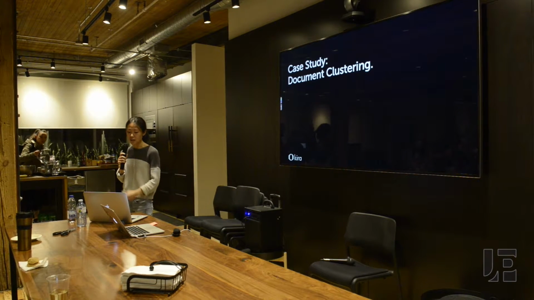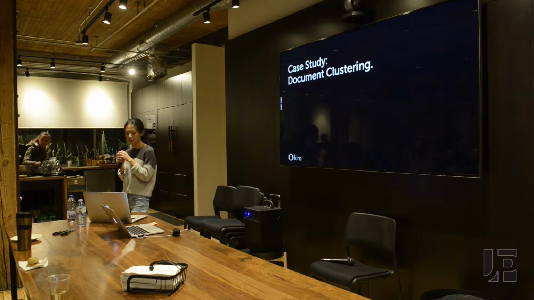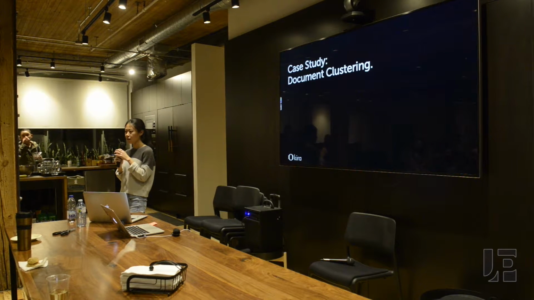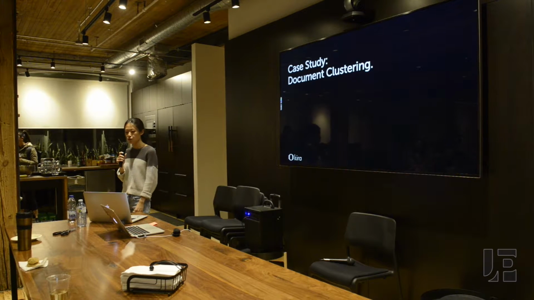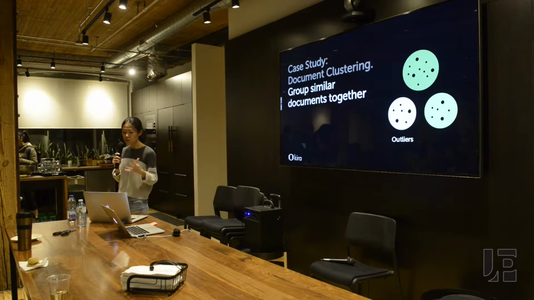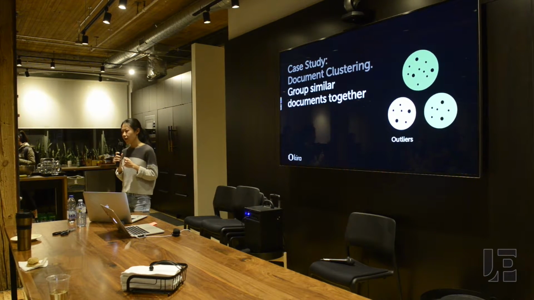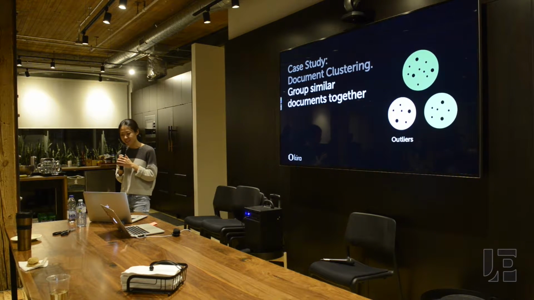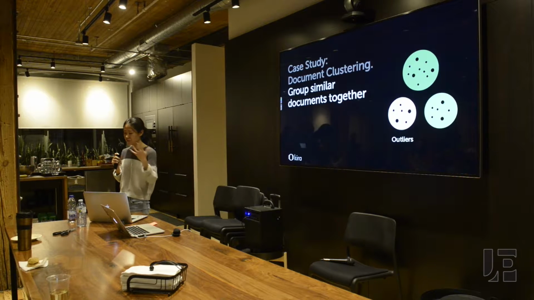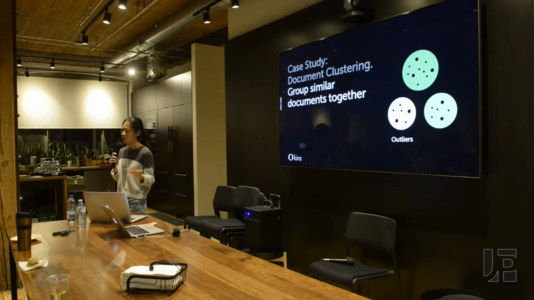And this case study is when we designed something called document clustering, using an unsupervised machine learning algorithm to group similar documents together. You might be thinking, okay, how hard is that? Interestingly, the machine does its thing, it groups similar documents together, but what counts as a similar document?